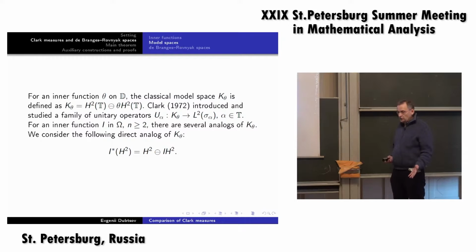If you have an inner function in Omega, and we have several variables, in general there are various generalizations for K theta. So we consider the most direct analog today, just the same definition. Okay, in a sense, this is kind of a large analog of the model space, or large model space in several variables.